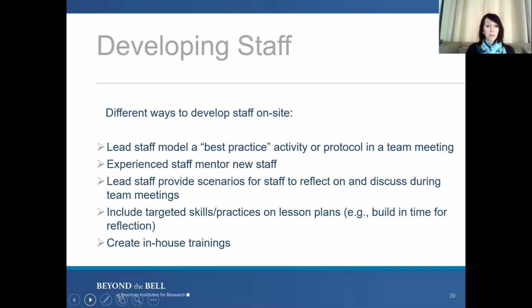Experienced staff can mentor new staff. Lead staff can provide scenarios for staff to reflect on and discuss during team meetings. A good example for that again would be some behavior management issues. Lead staff could provide a couple of scenarios, and after-school staff could work in groups or teams to come up with solutions and strategies and talk about it as a group.